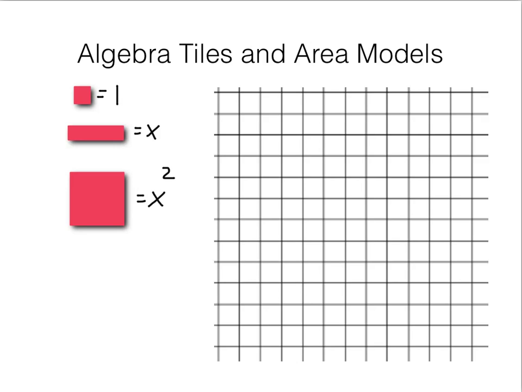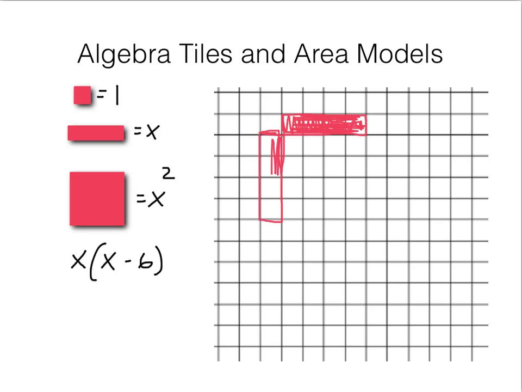So if I go back and think about the first problem we did, which was x times x plus 6, I believe, what we do is we put across one side the first factor. Pretend I'm just coloring it in. So that's x, and then we multiply that by x, same size, plus 6.